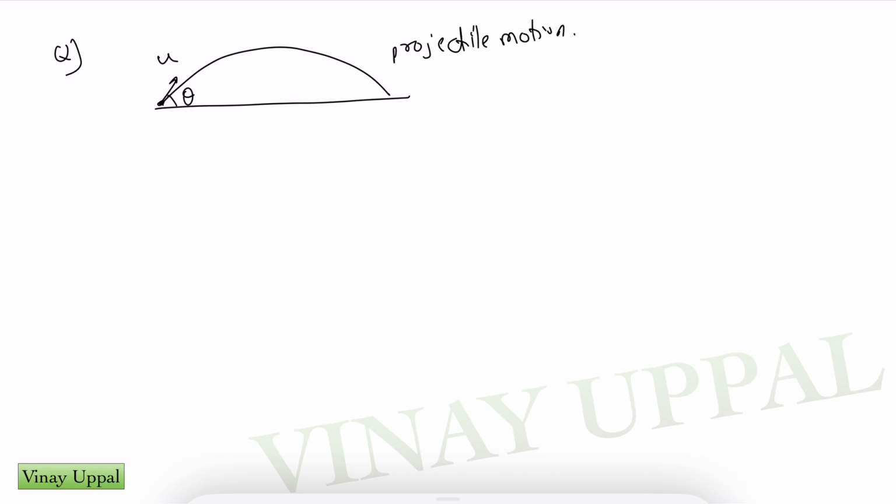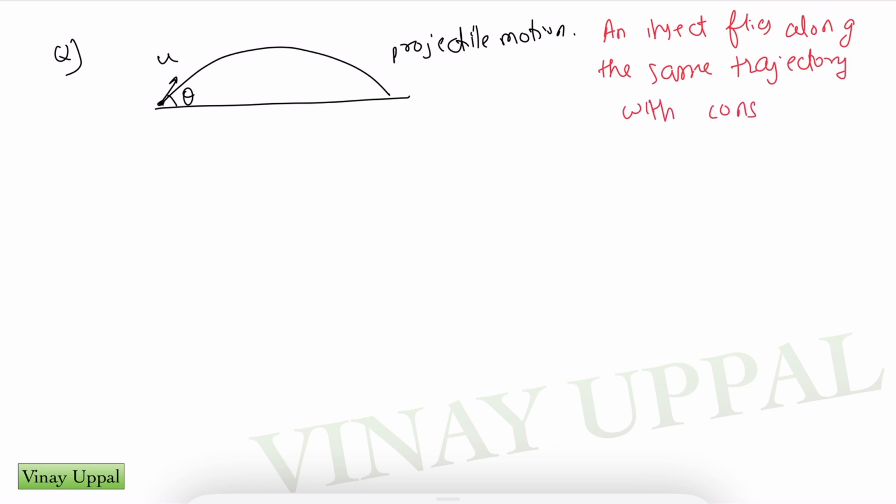So suppose I have a particle thrown with velocity u and angle of projection theta. This is a projectile motion. Now an insect flies along the same trajectory with a constant speed u.